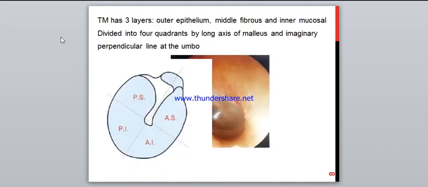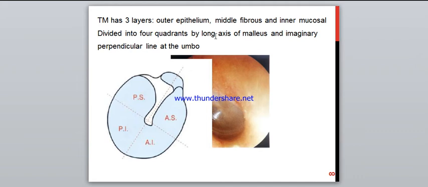When we come to the middle ear, it begins at the tympanic membrane, and the tympanic membrane, TM, has 3 layers: outer epithelial, middle fibrous layer and inner mucosal layer, and it is divided into 4 quadrants: posterior inferior, posterior superior, anterior inferior and anterior superior.